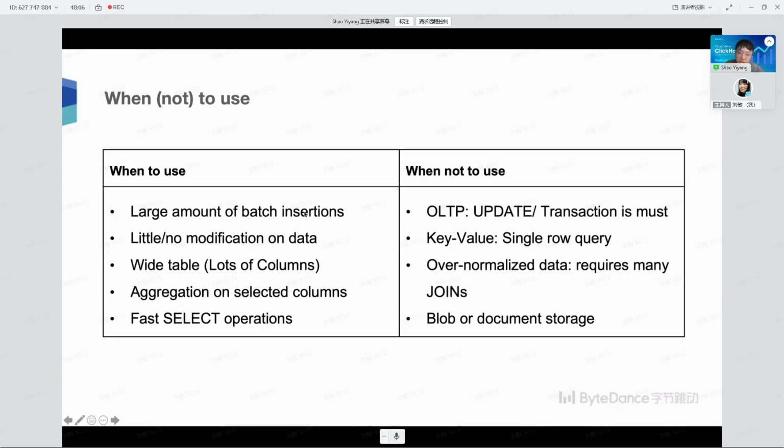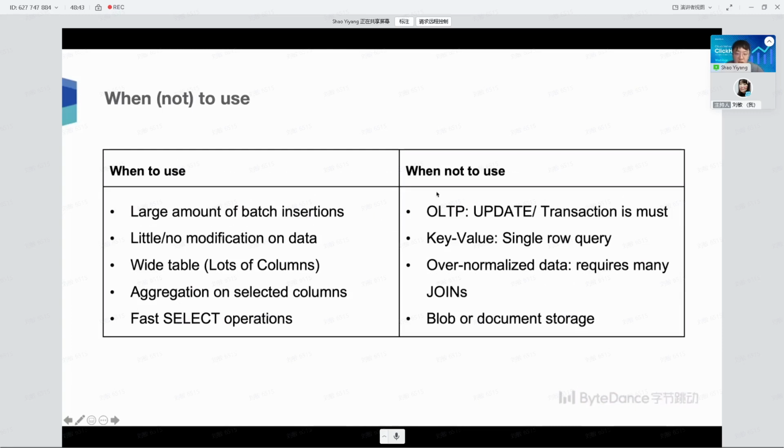If you have a large amount of batch insertions for your data writing, and you do not have very strict requirements on modification of data, and you can accept combining all your small tables into a wide table for query, and most of your daily queries involve aggregation computation of selected columns, and you want really fast select operations, then please don't hesitate to try out at least ClickHouse.